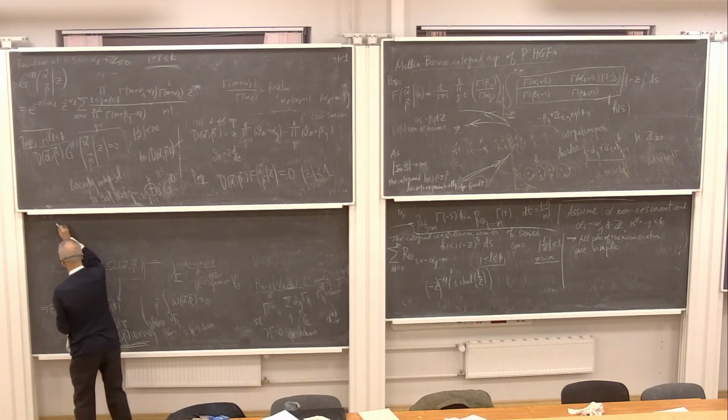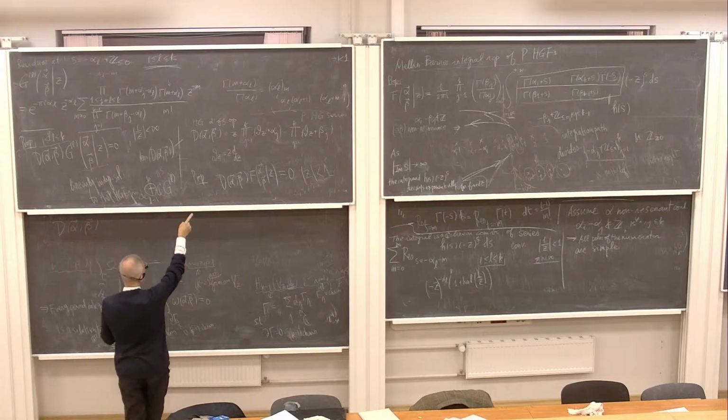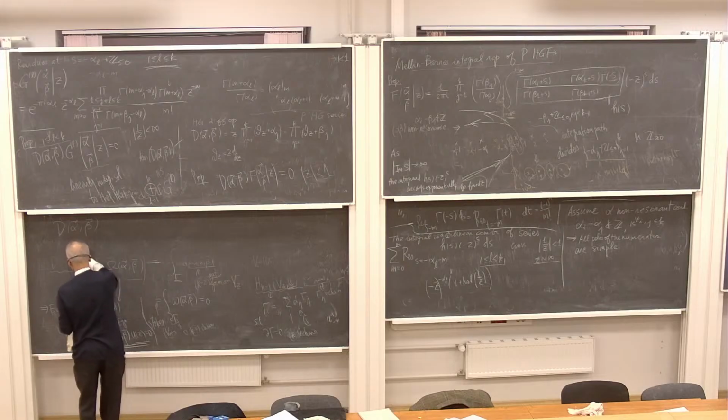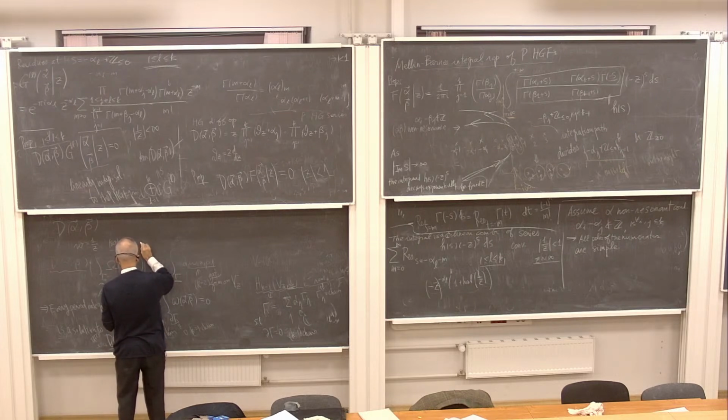D alpha beta was written like that, but if I put w equals 1 over z, that is a local coordinate near z equals infinity.